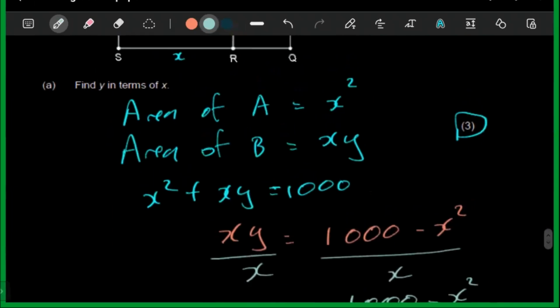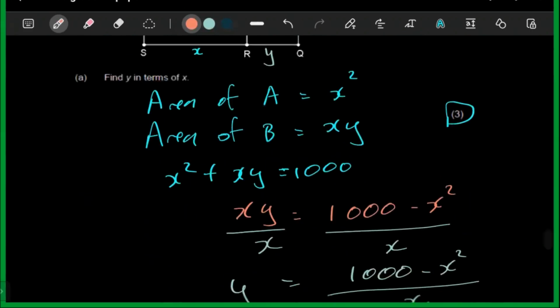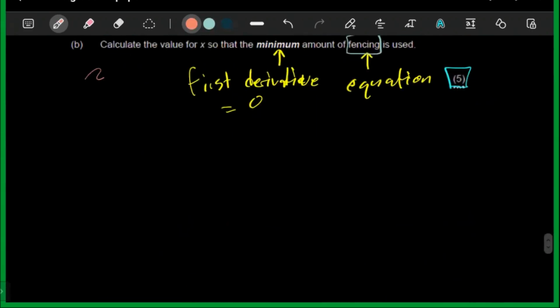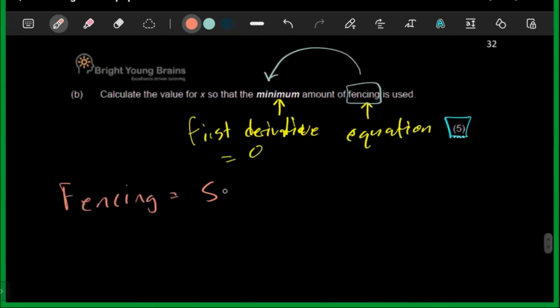So the amount of fencing needed here is obviously going to be x plus x plus x plus x plus x here, plus y, and then plus y. So that's the amount of fencing needed, you see. So let's start there. The fencing is going to be equal to 1, 2, 3, 4, 5x, and then plus 2y, you see. 5x plus 2y.